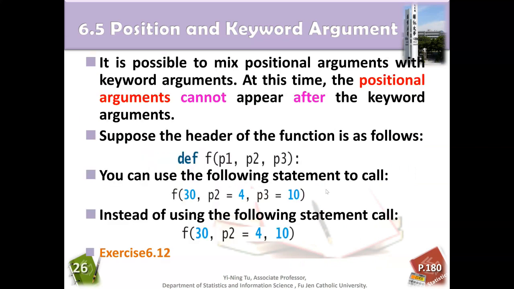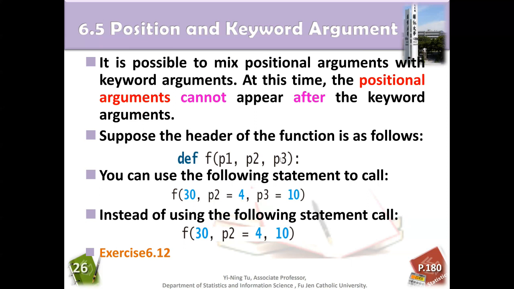But we also have situations that mix positional arguments with keyword arguments. At this time, the positional arguments cannot appear after the keyword arguments. For example, suppose the header of the function is as follows. We define a function with P1, P2, P3.